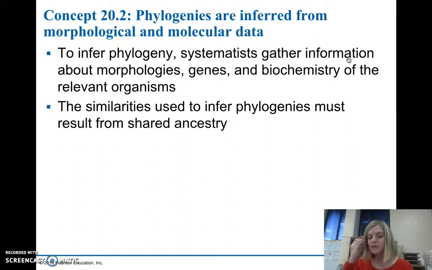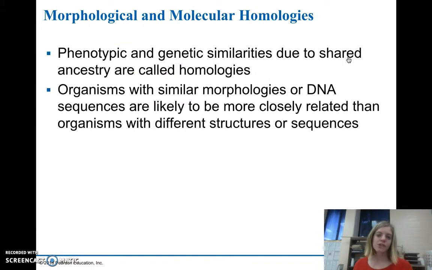But it's important to note that these phylogenies can change as we gather more information from the organism. They're really just hypotheses about how these organisms are evolutionarily related. So looking at their phenotype and their genetic similarities, we talked in an earlier chapter about homologous structures.